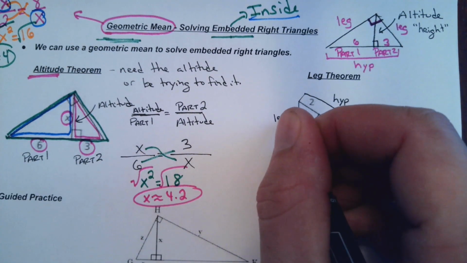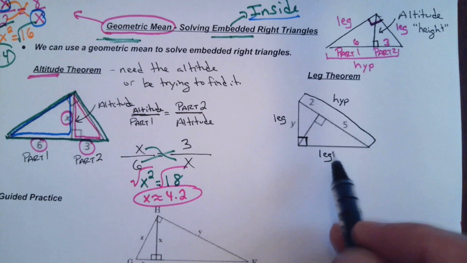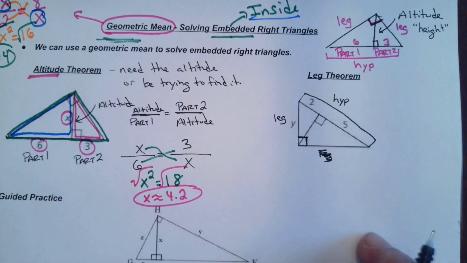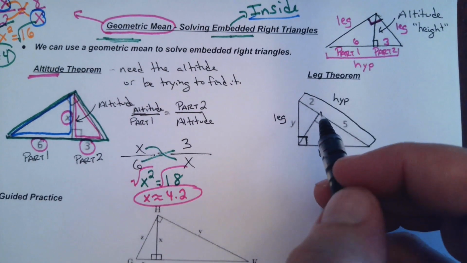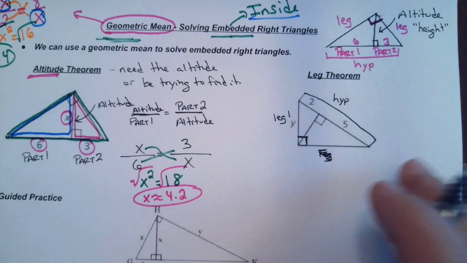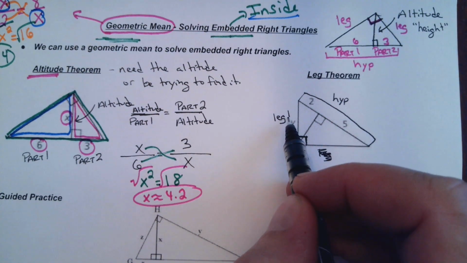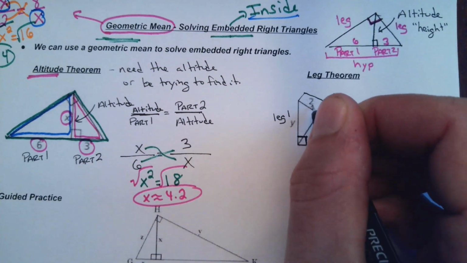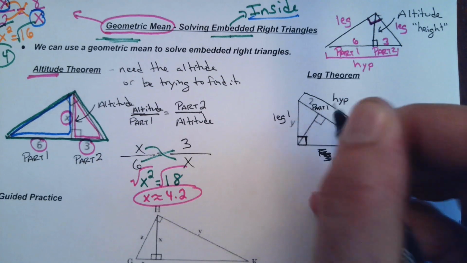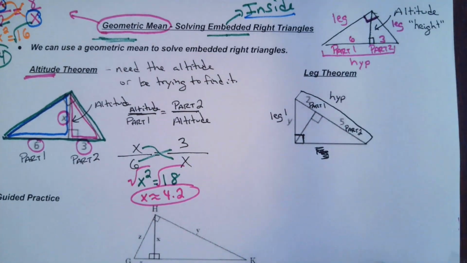So this is a leg and this is a leg. But notice that there's nothing there, so I don't even care about that leg. Since we have two legs, we're going to call this leg 1. And now we still have our two parts. Since this is leg 1, we're going to let this be part 1, and we'll let this be part 2.